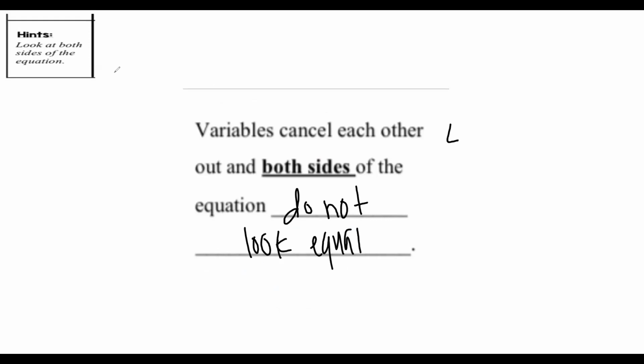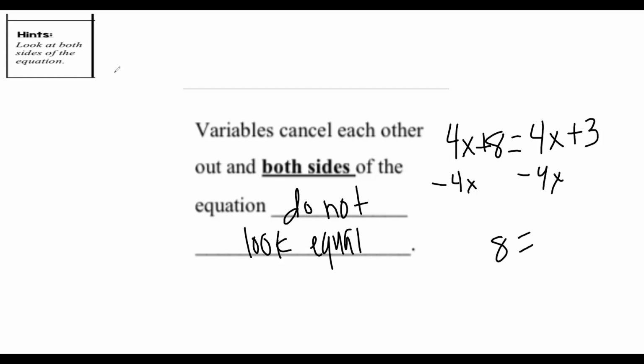So we can think back to that last problem or look back on your paper. If we subtract 4x from both sides, we would be left with 8 equals 3. So the variables canceled out. And both sides of the equation do not look equal. This is not a true statement and will never be true.